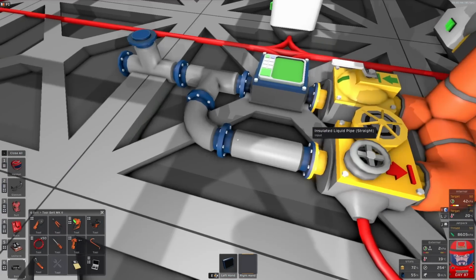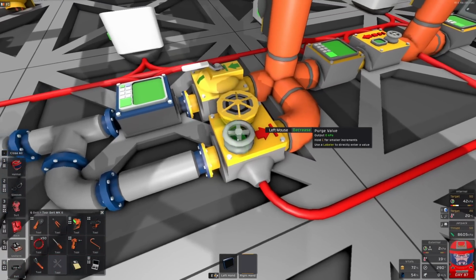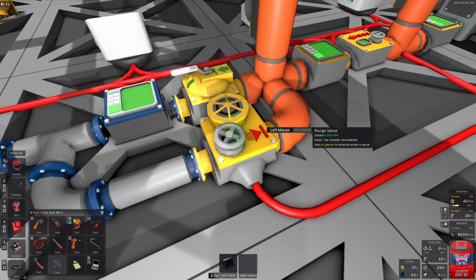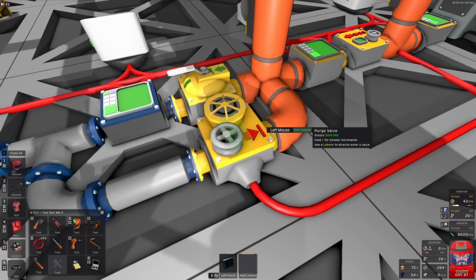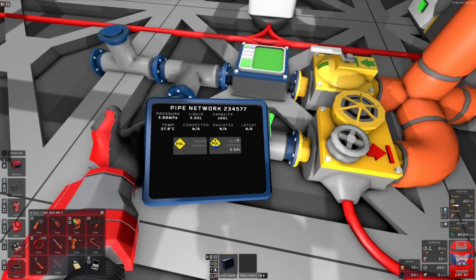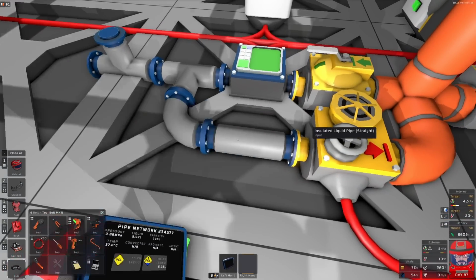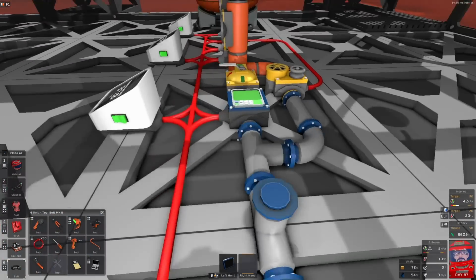So 50 kilopascals, that's pretty much well below what we're asking for there. So if we say go down to 3 megapascals, but currently 3.8. Right, so if we say go down to 3.4, I shall shut that off.